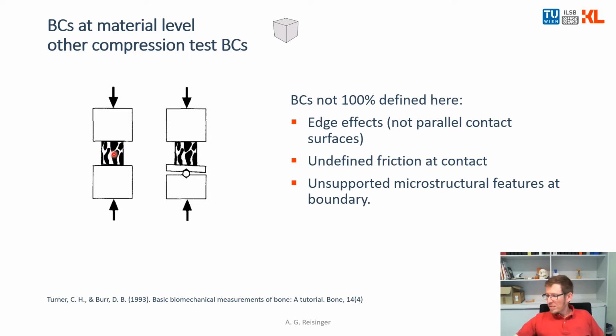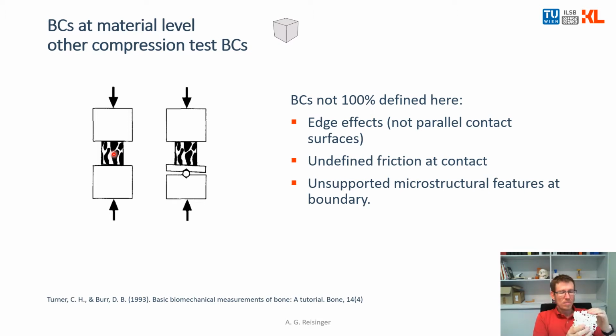And the third problem here: when you test microstructural samples like this, the load is not introduced on a distributed surface. It's introduced pointwise on your strut surfaces here, and then it's distributed along the struts in your sample.